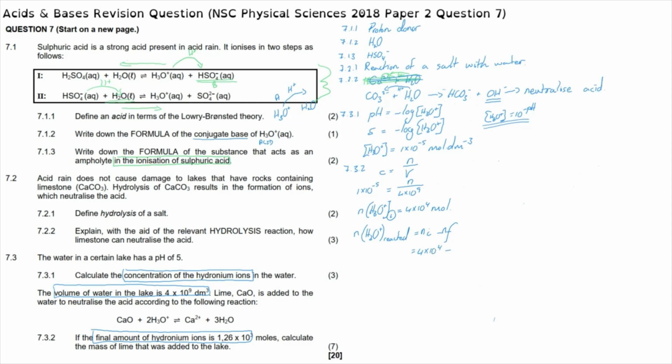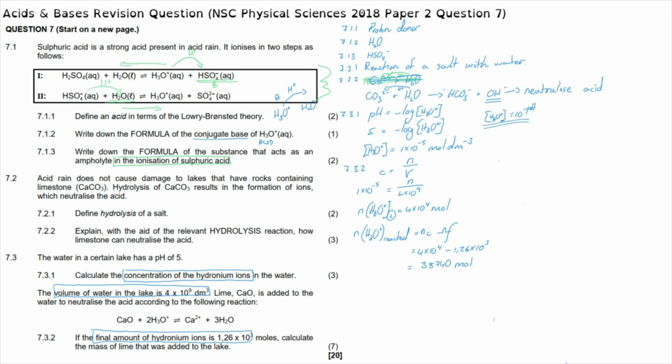The final number of moles was given to us as 1.26 times 10 to the power of 3, which tells us that the number of moles that reacted is 38,740 moles.